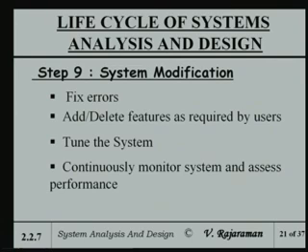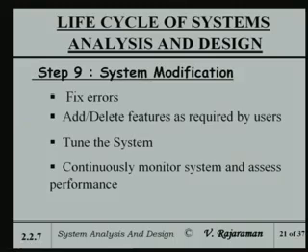Okay. And that is, after evaluation you modify, and this of course after a period, and this is always continuous in the sense that it is not something which is one time. It is a continuous thing which you do.